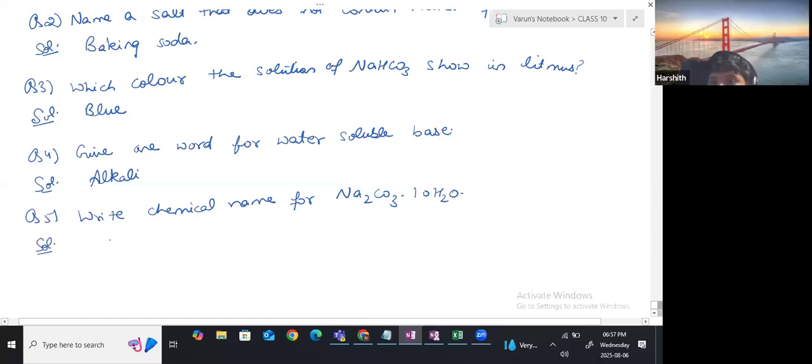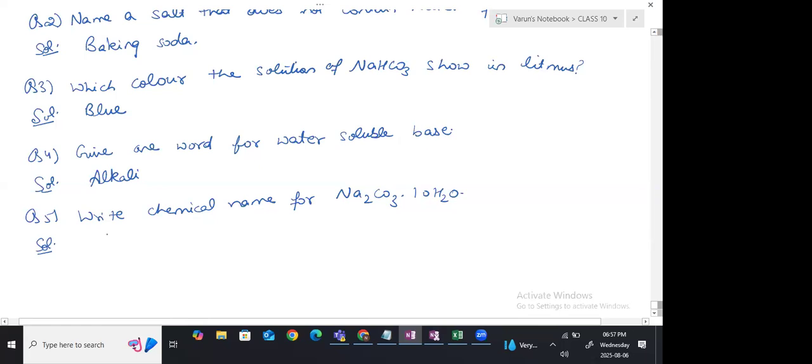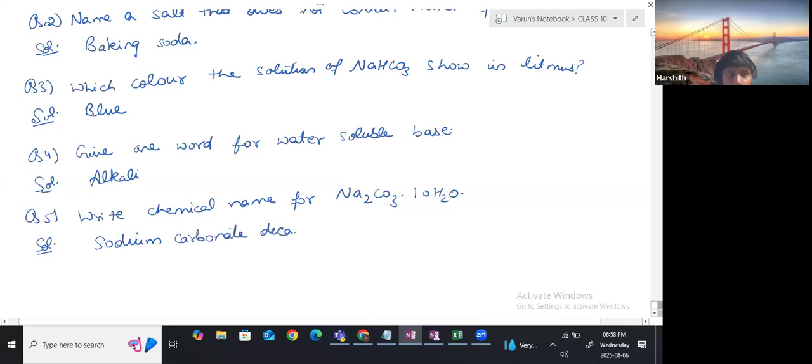Washing soda is the common name of that compound. If it has been asked that you have to write the chemical name, it is sodium carbonate decahydrate. And if it has been asked in the question that write down the common name of that compound, then you will write washing soda. Correct?